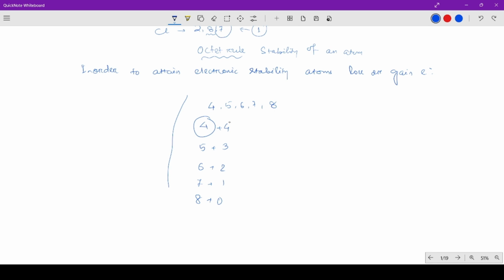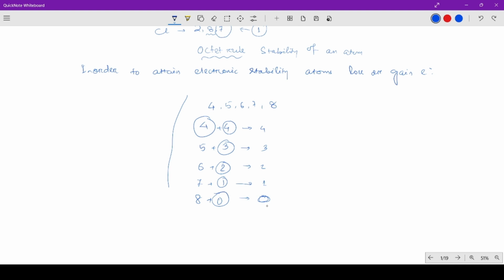Hence these are the number of electrons that are added to the outermost shell of an atom to make these atoms stable, right? So here the valency will be 4, 3, 2, 1, and 0.